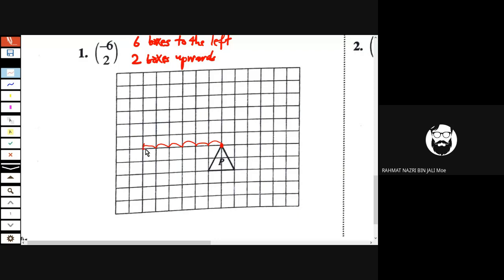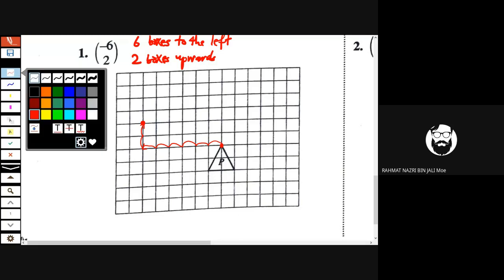Okay, dia akan berhenti di sini. Kemudian dia teruskan perjalanan ke atas sebanyak 2 kotak. 1, 2. Jadi the final destination for this point is here. Kita tandakan titik dengan titik. Kemudian the rest follow lah.